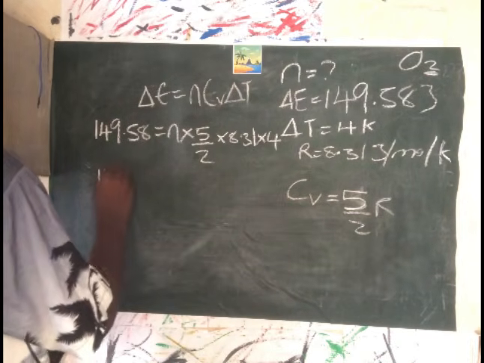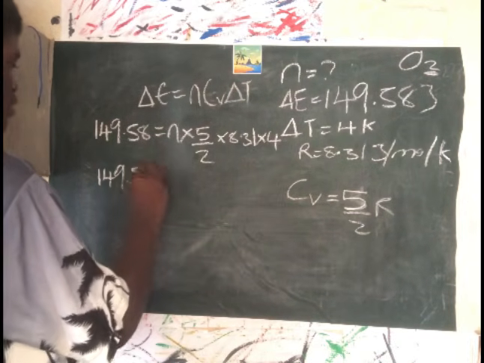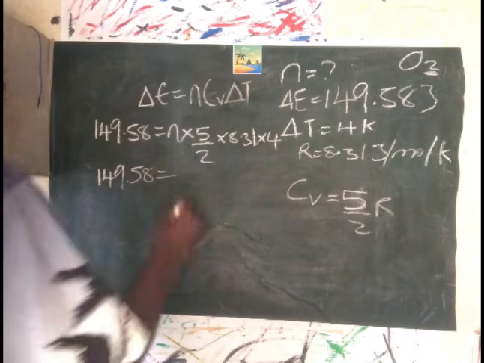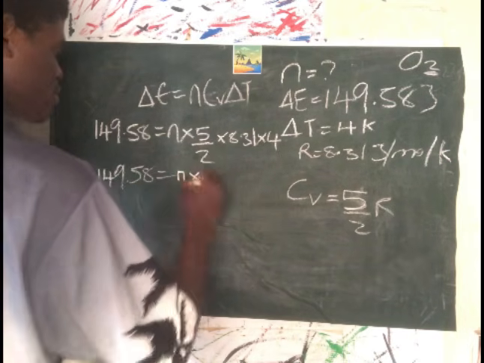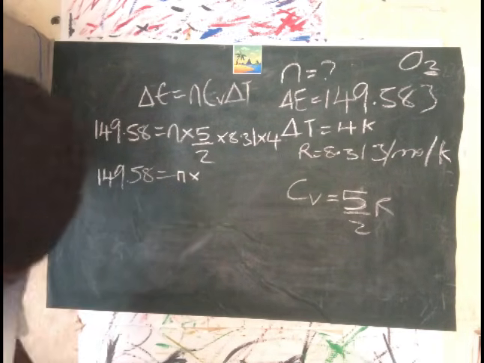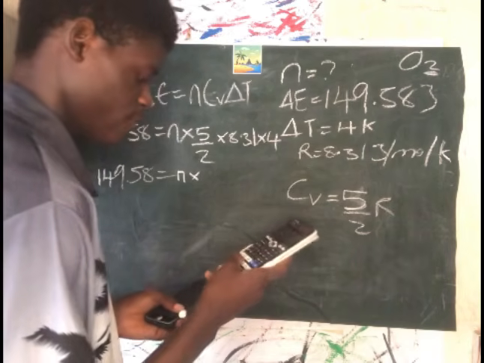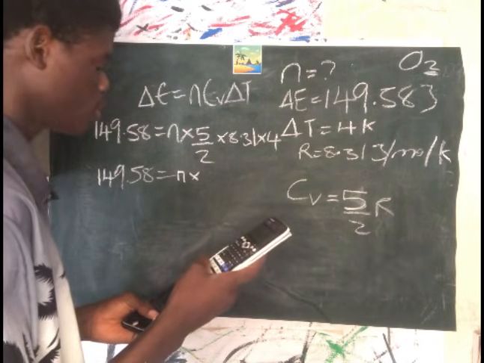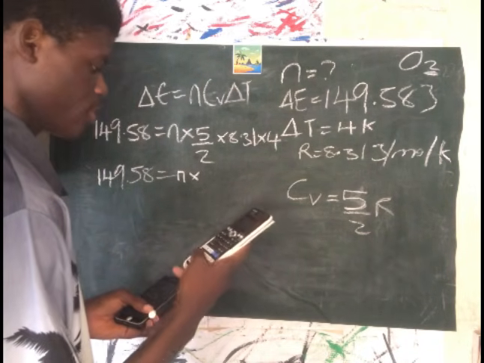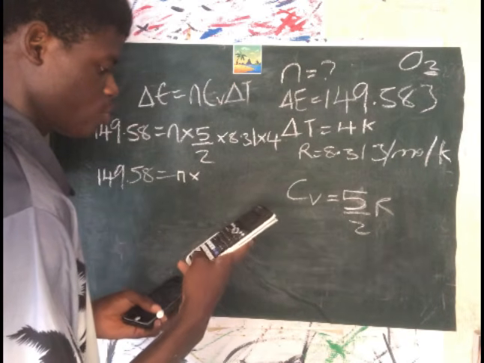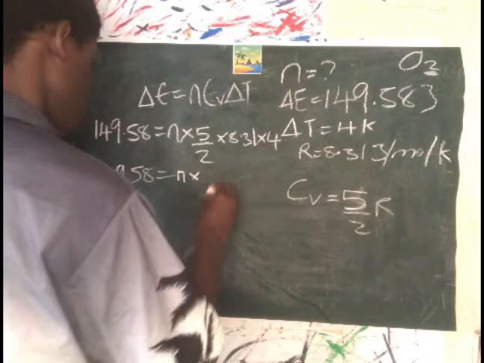That will be 149.58 equal to n times, let's calculate this one, 5 times 8.31 times 4 divided by 2. That's 81.